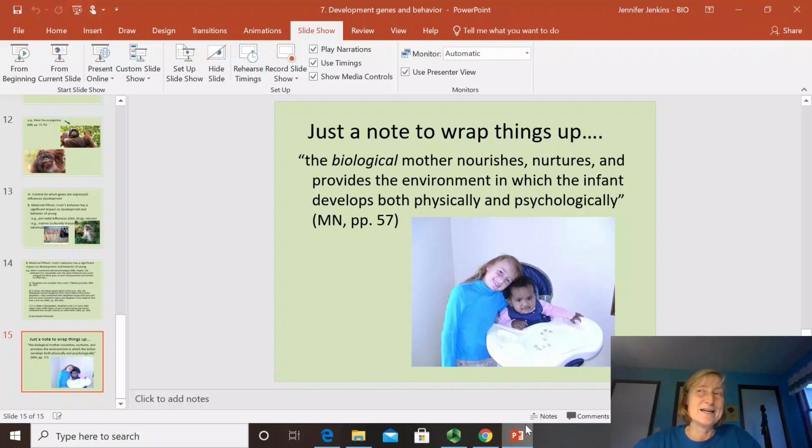And so she was kind of against the use of the term biological mother to describe someone who had given birth. So like, I'm an adopted mother of Faith, and the biological mother lives in Ethiopia. She would say, no, you're the biological mom, because you nourished and nurtured and provided this environment in which Faith grows up. That's important.